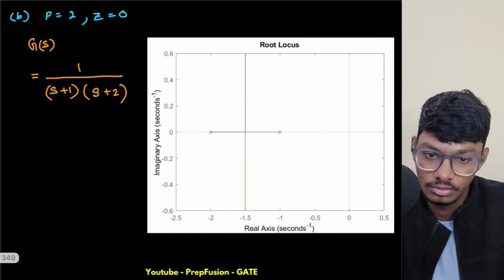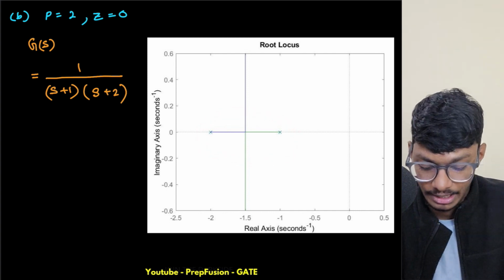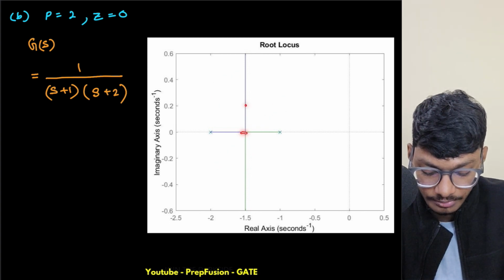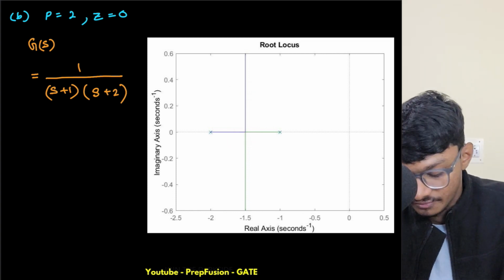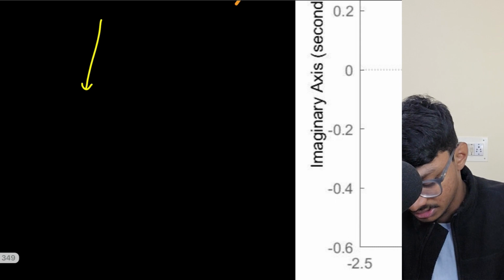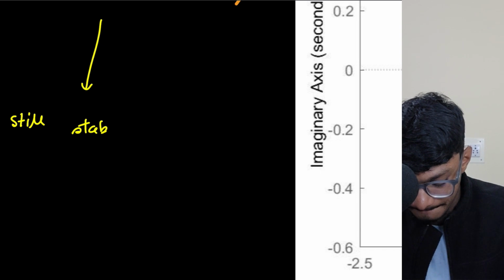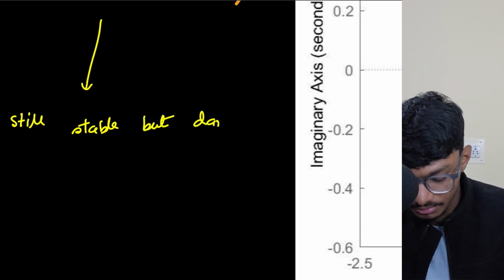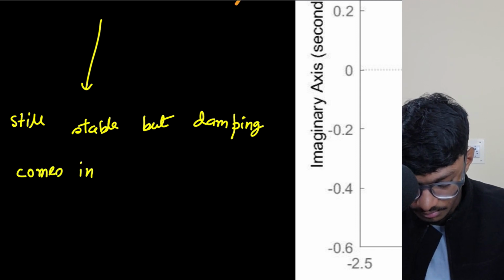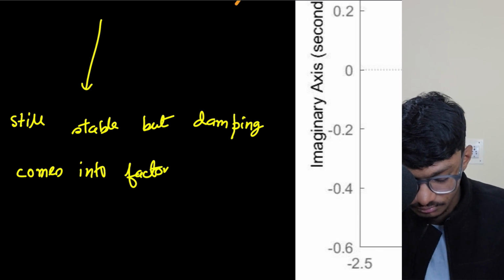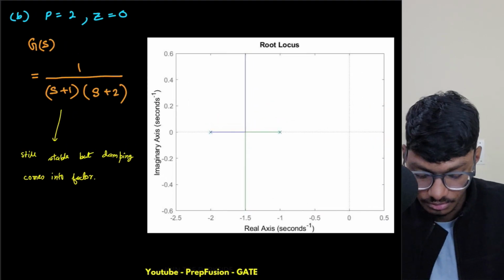If I further add a pole, I'm observing it is still stable, but the parameter is changing. It can again become critically damped, because it is a second order system, so damping comes into factor. Still stable, but damping comes into factor.